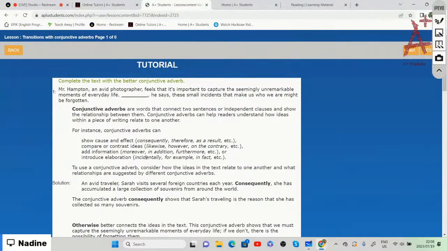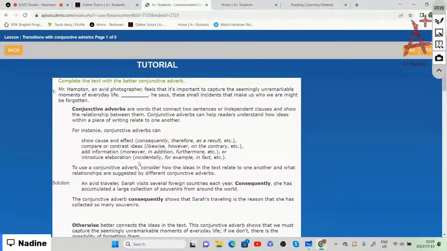All right. So if you want to introduce elaborations, you want to expand, explain, and elaborate on why you are saying what you are saying, why you mentioned that specific sentence, or what this author or the writer said, then you can use words like incidentally, for example, in fact.